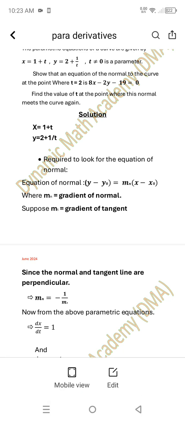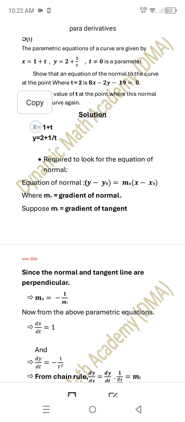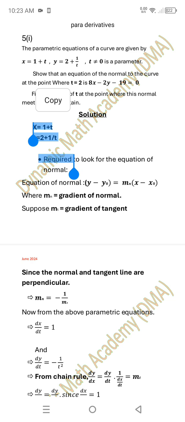That's you make t the subject on either of the equations and substitute in the other one. So that's what I did. From equation 1 we have x equals 1 plus t, which means that t will be equal to x minus 1. So when you take x minus 1 and substitute here in equation 2, you have that y will be equal to 2 plus 1 divided by x minus 1.